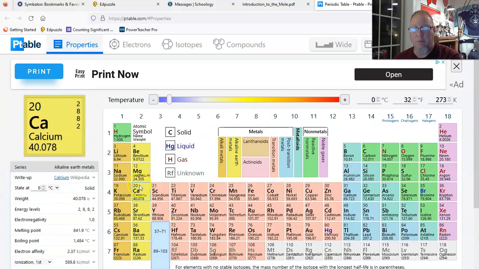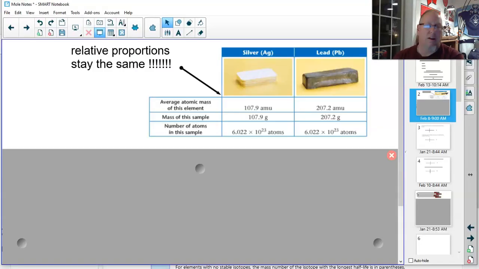Not only does this represent the number for one atom of magnesium, but it's also 1 mole of magnesium. The only thing that we change when we go from an atom to a mole is an atom is in atomic mass units, and a mole we measure in grams. Probably the most important topic right there on that little picture out of everything that we do in this first unit related to the mole.